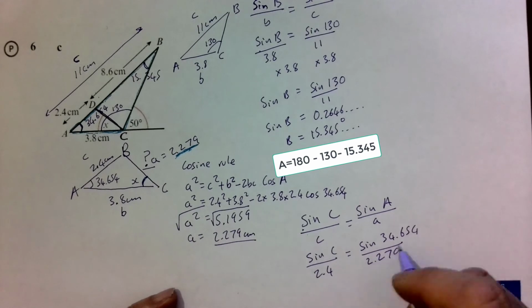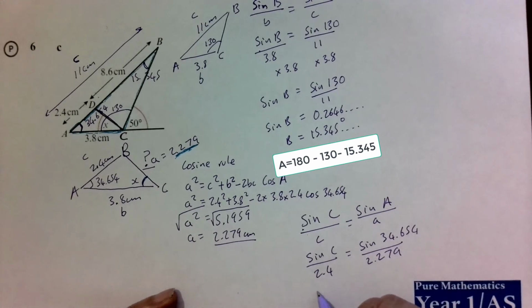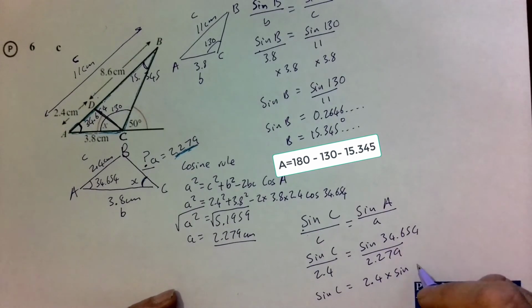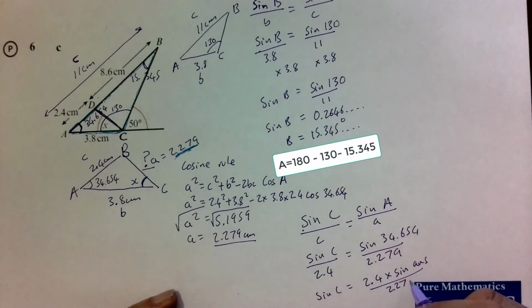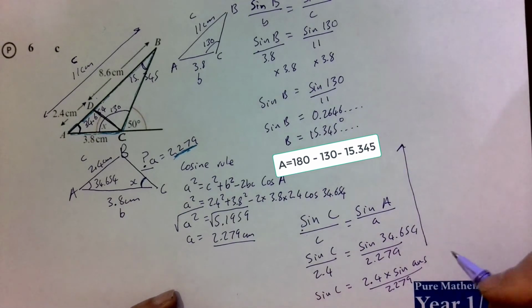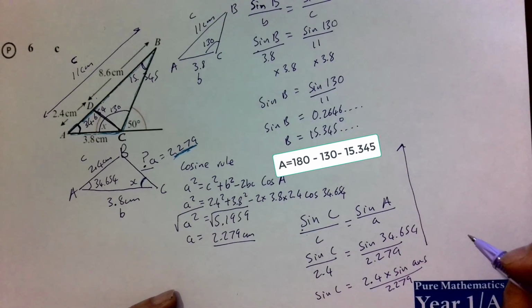So we multiply both sides by 2.4, so sine C is going to equal 2.4 times sine 34.654 over 2.279. Now let's bring this up here, so we have space.